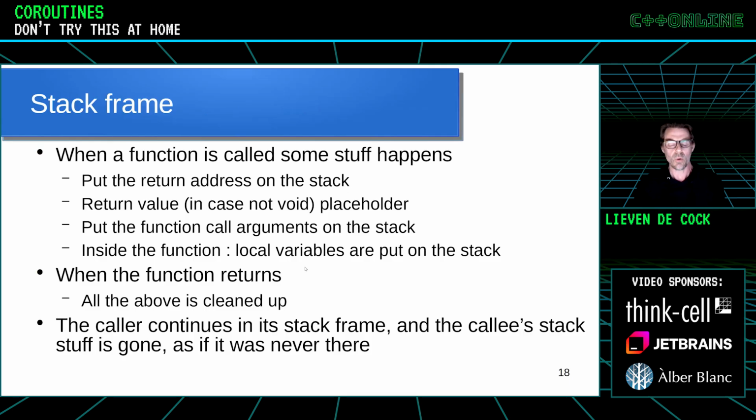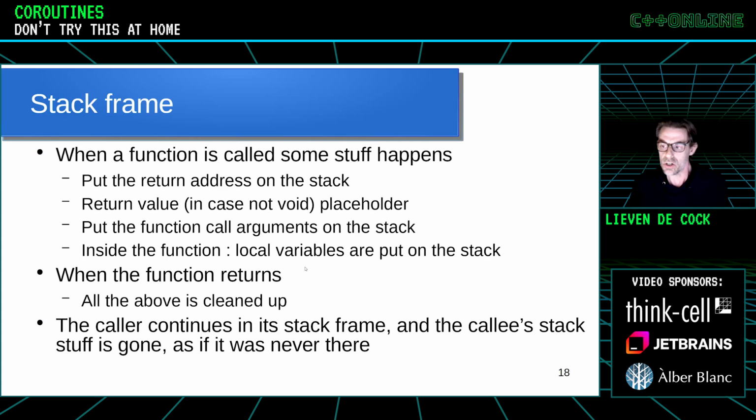Now, let's go back to the notion of a stack frame. When a regular function is calling another function, some stuff is happening. The return address of the call is put on a stack so that when the called function ends, it knows where to go back to.